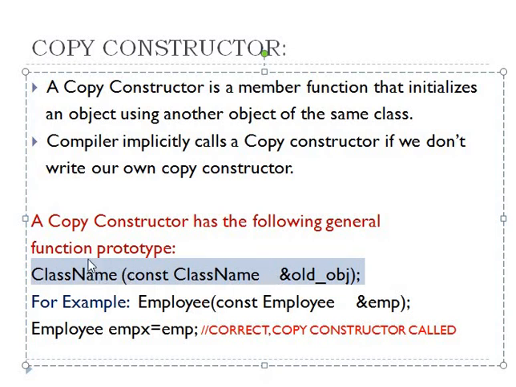Just after the class declaration you have to specify the const keyword followed by the class name again, and then the ampersand symbol followed by the old object name, and then end it with a semicolon to complete the declaration of this constructor.